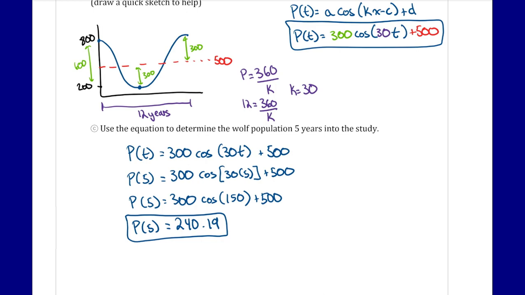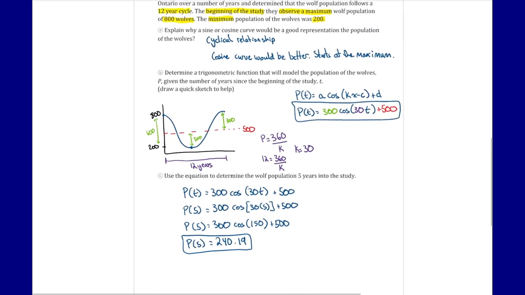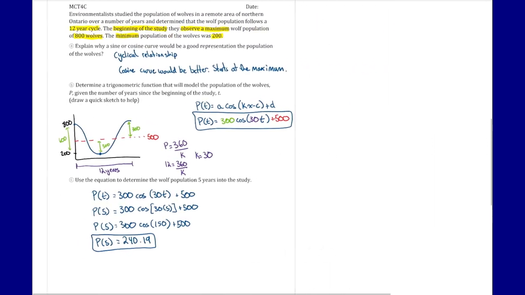So these are just applications of sinusoidal functions. Obviously, they're hypothetical, but you can see how this may come up, especially for tracking populations, where we're looking at heights, or trying to model different relationships to make predictions. So it combines the previous lessons looking at the sine and cosine graphs and their related equations.